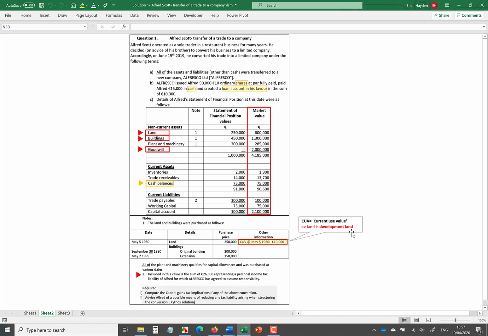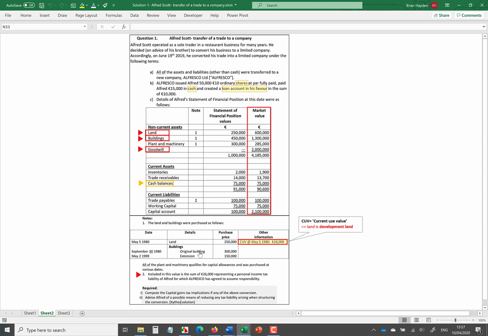So while this question refers to conversion of a sole trader into a limited company, we will need to apply development land restrictions to part of our solution.